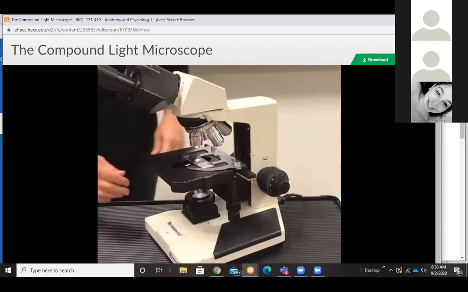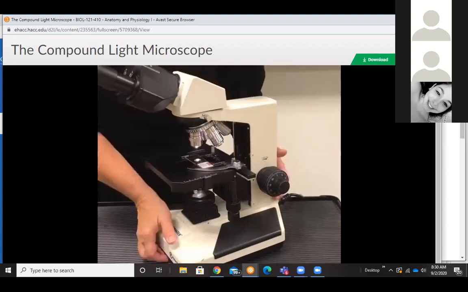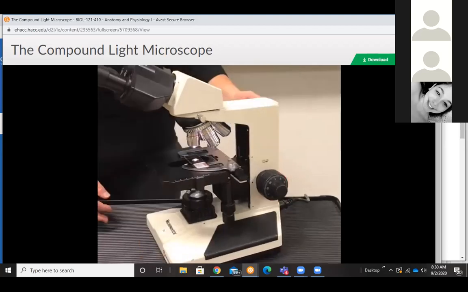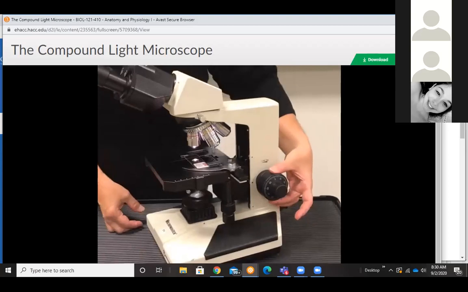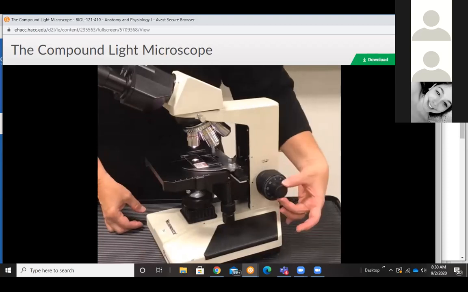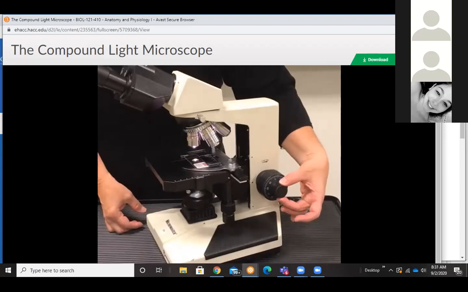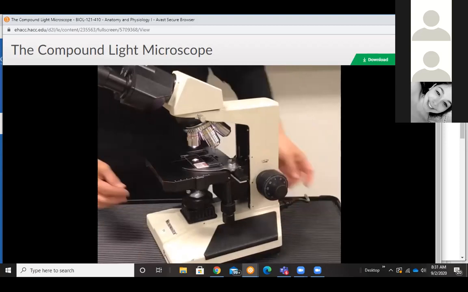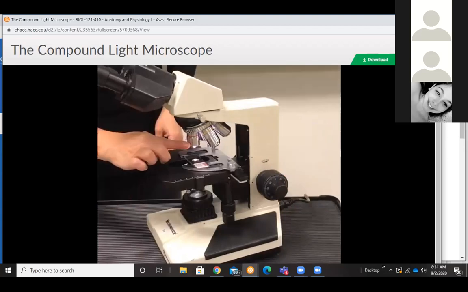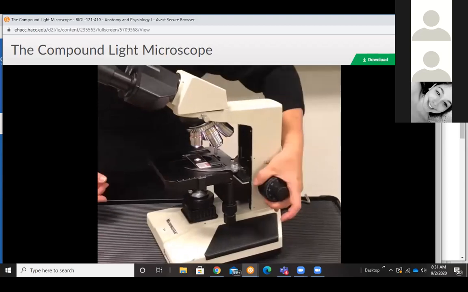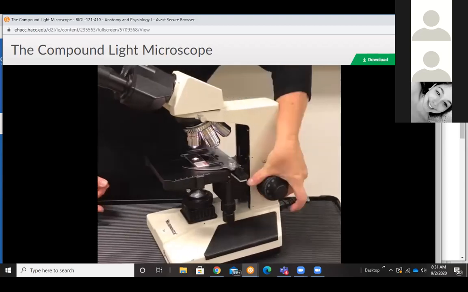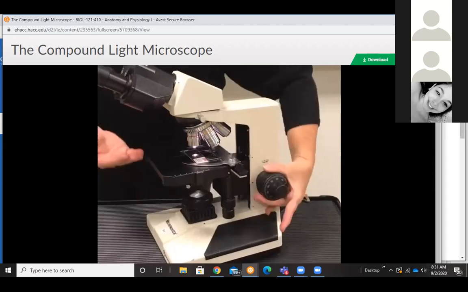If we look at the two knobs on the arm of the microscope, there is a large outer knob. This is called the coarse focus knob, or the coarse adjustment knob. And then there is a little inner knob, and this little inner knob is called the fine focus knob, or the fine focus adjustment. Initially, you want to start with your scanning objective over the stage, and you can see that if I move the coarse focus knob, the stage moves in larger increments.